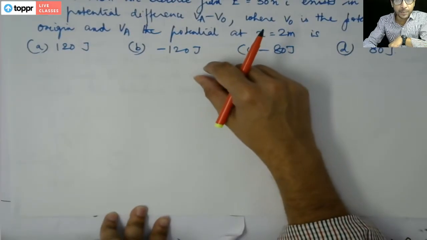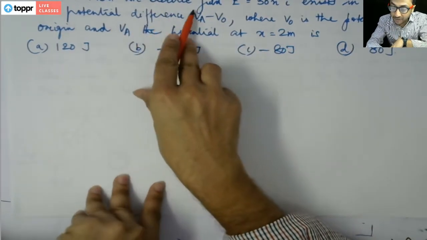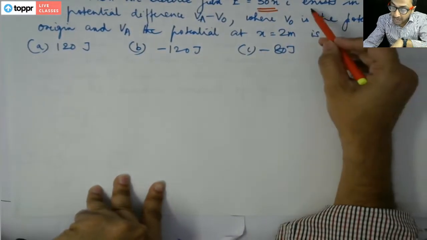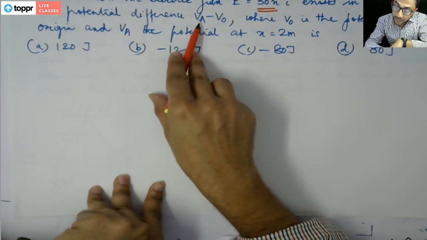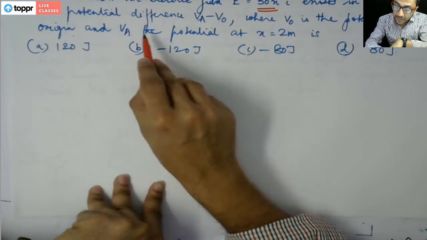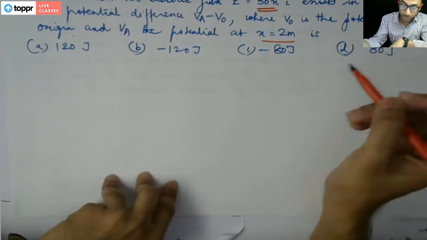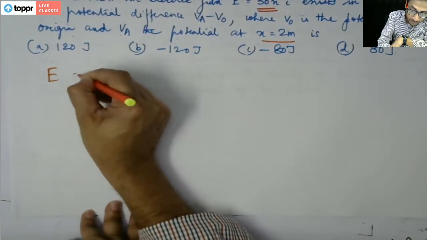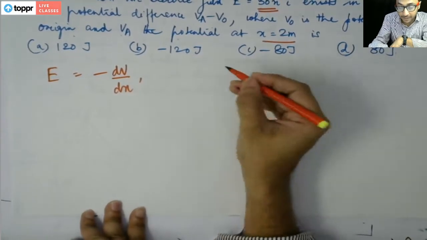We'll try to see another problem. Assume that an electric field E equals 30x squared I exists in space. Then find the potential difference VA minus V0, where V0 is the potential at the origin and VA the potential at x equal to 2 meter. This is a very straightforward problem. Why? Because we know electric field equals minus dV by dx.